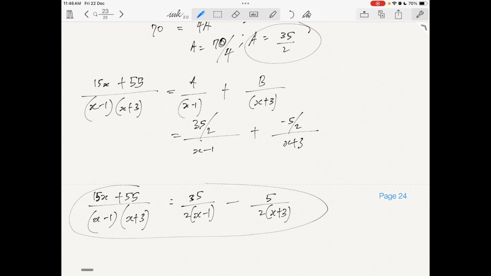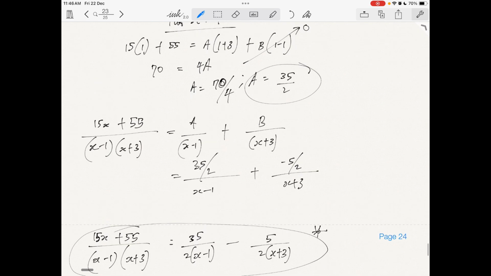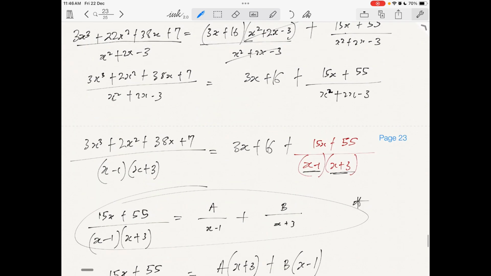Now when we have this done, we can substitute it back into what we have here. Let's repeat everything we have in this box.